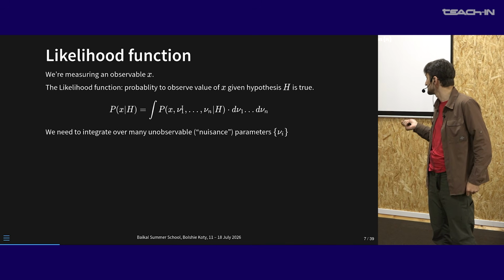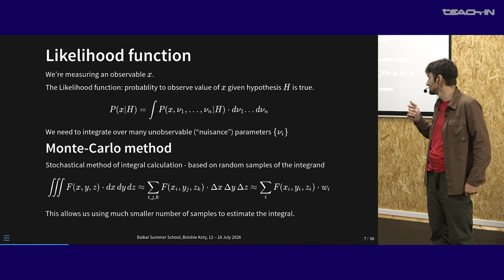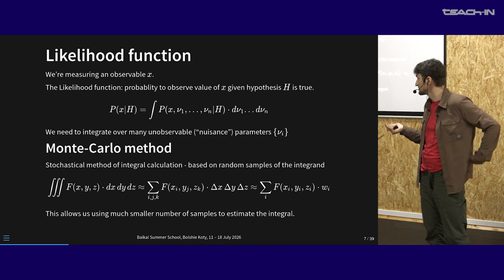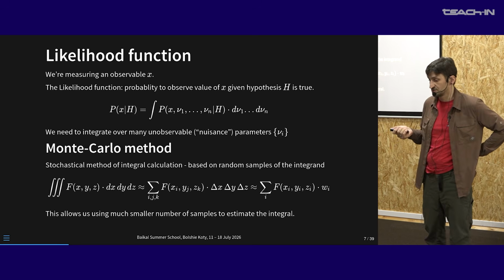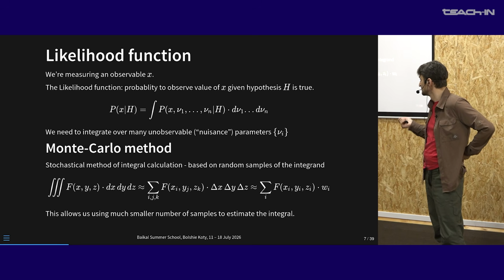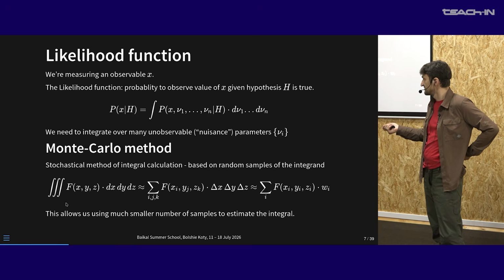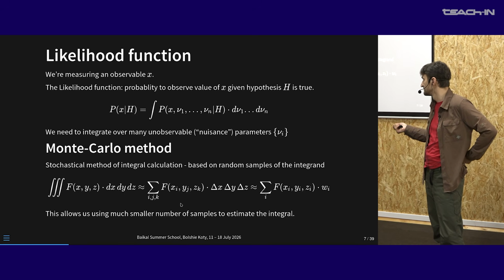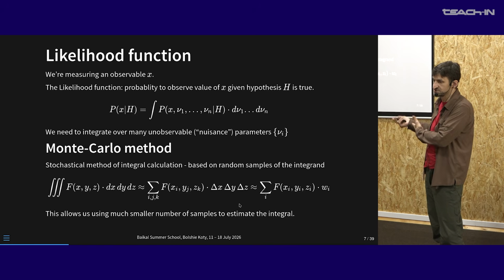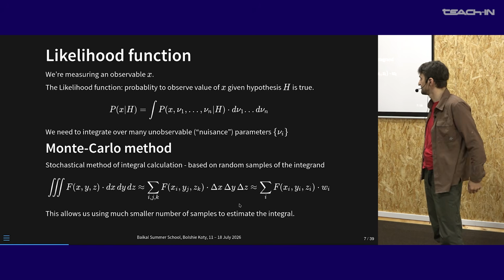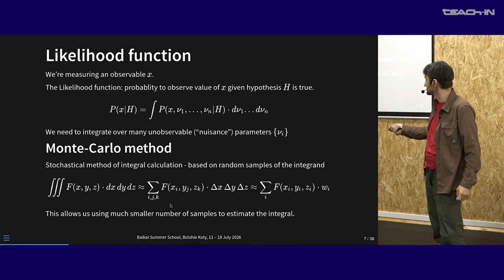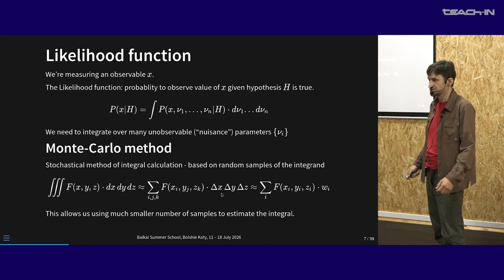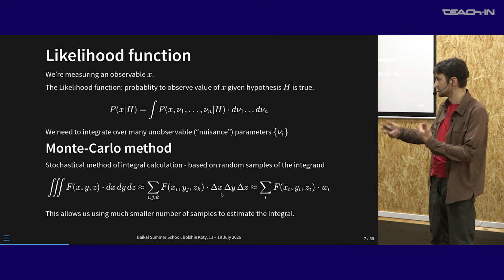So for this, often the Monte Carlo method is used. It's a statistical method for integral calculation. If we have this threefold integral and we calculate it numerically as a sum of small values, the number of samples will become very large very soon, depending on our parameter space.